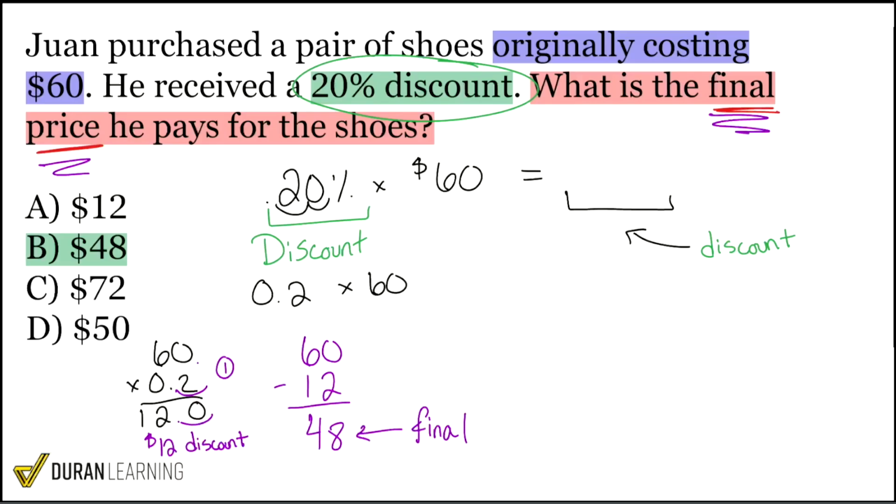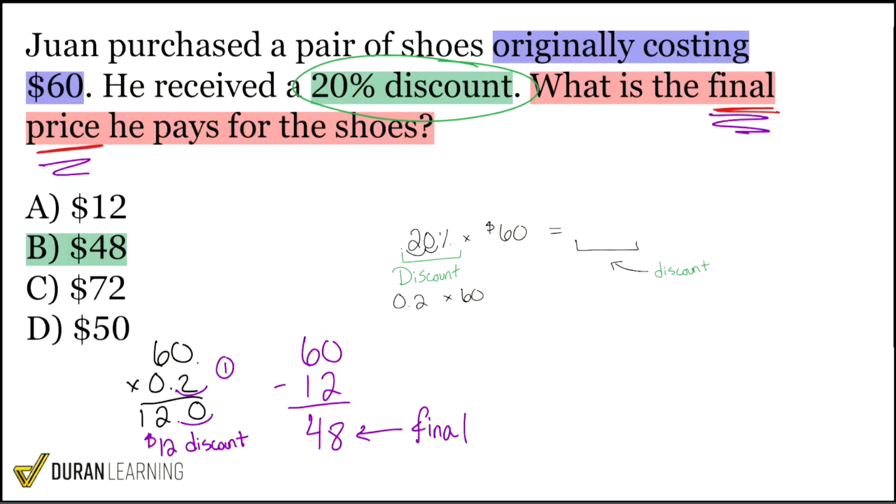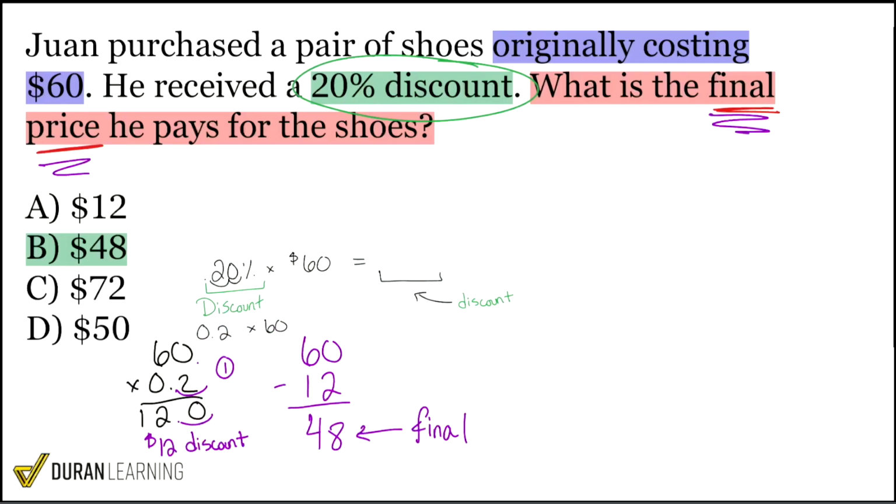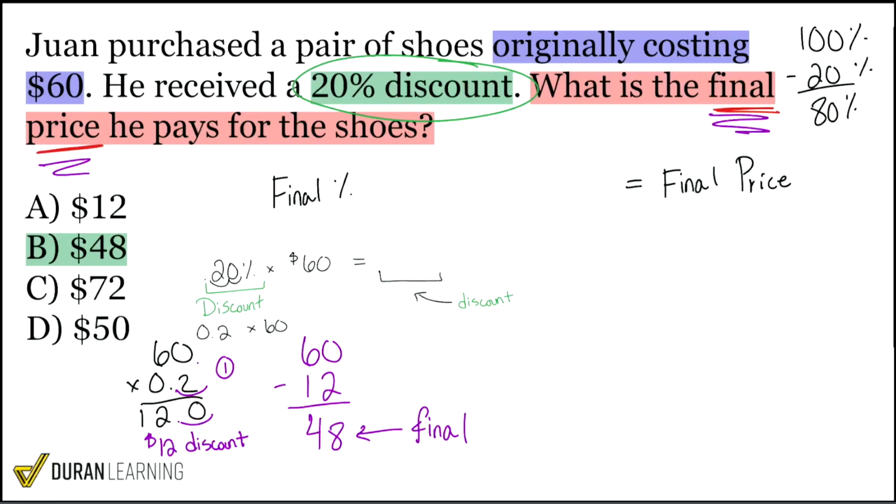If we wanted to do that, let me get this over here and make it a little smaller. All right. Now, if we wanted the final price, we want the final percent. And the final percent would be the original 100% minus the 20% discount, and that would be 80%.